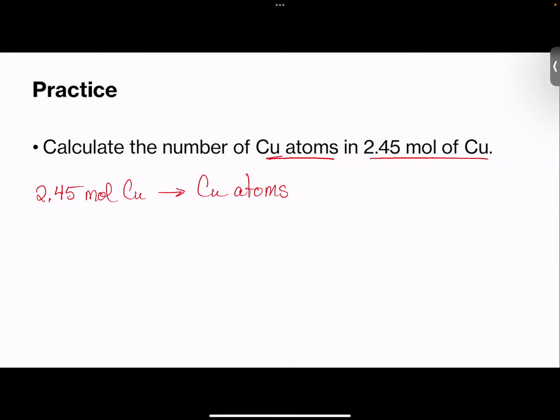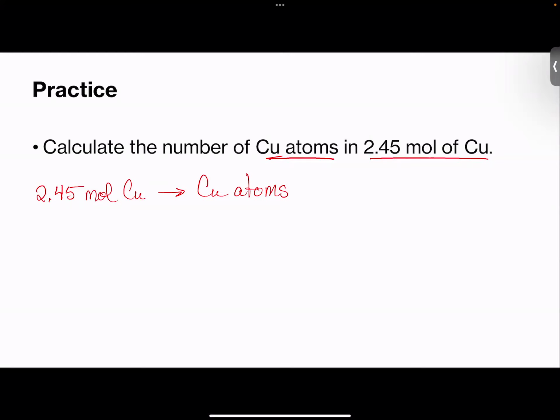When you start performing stoichiometry, which is chemical mathematics, the first thing you do is ask yourself, is my starting substance and my ending substance the exact same substance? The answer is yes, here. So I don't need a conversion factor for the substance.